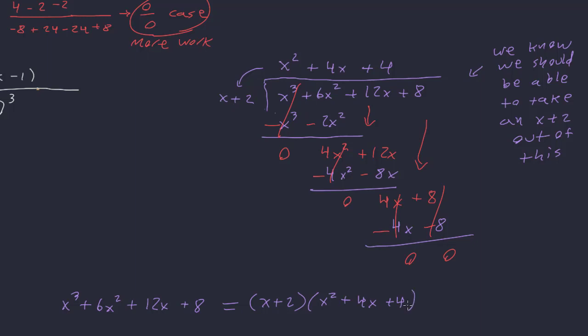And that's part of why I gave you that hint. If you get a 0 over 0, you know you should be able to take an x plus 2 out.